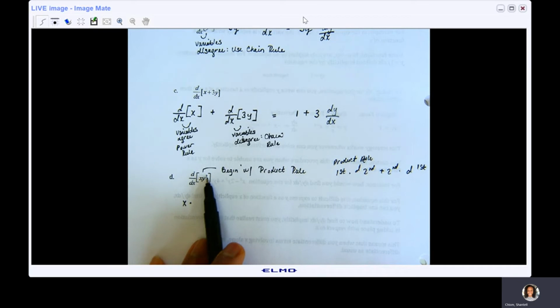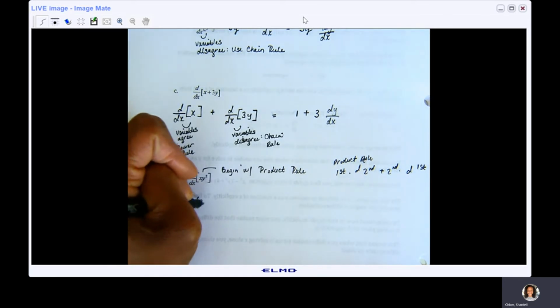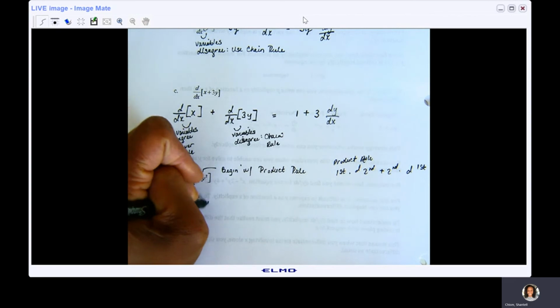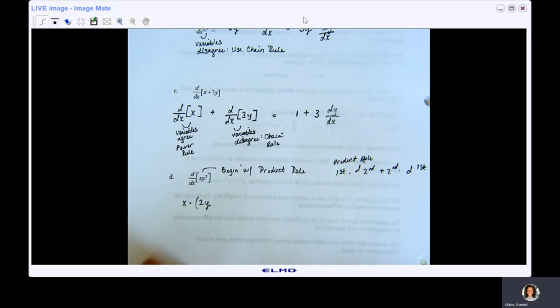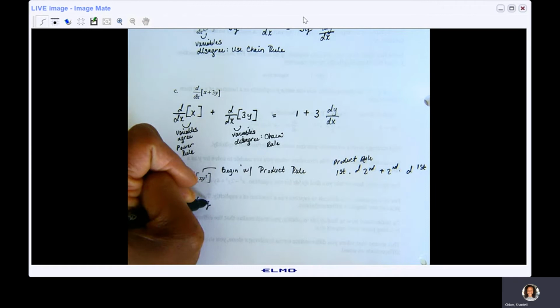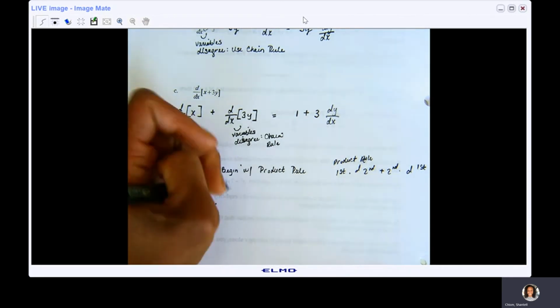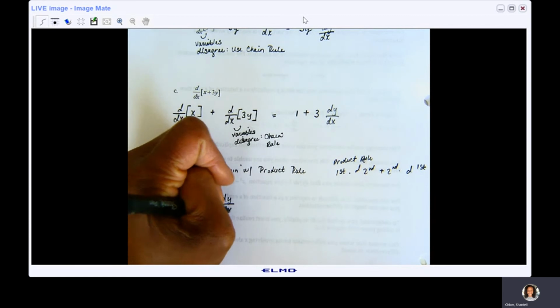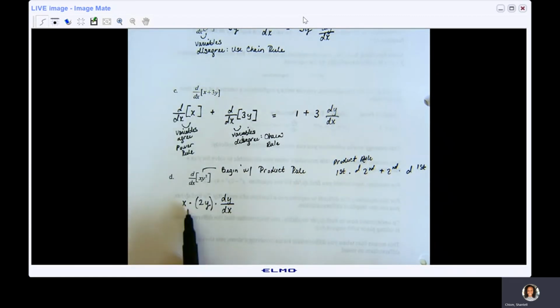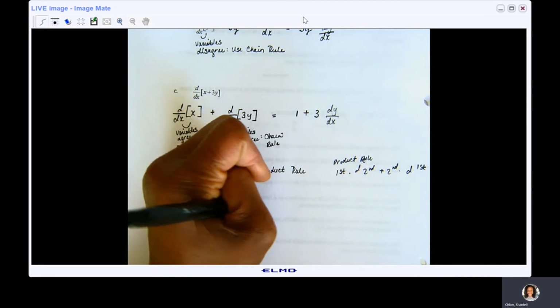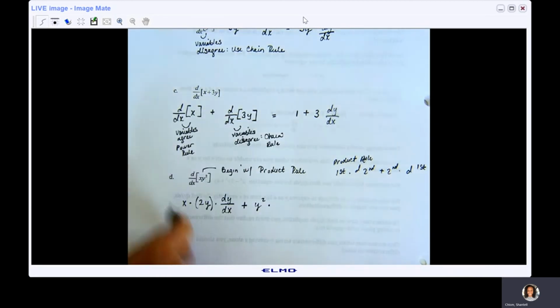So for the derivative of the second, I have to apply the chain rule within it. So I would take that 2 down, that would make that 2y. The y now has the exponent of 1, and then I say times the derivative of the inside, so times the derivative of y, which would be dy over dx. Okay, so that's first times the derivative of the second, plus the second times the derivative of the first. Derivative of x is just 1. Okay?